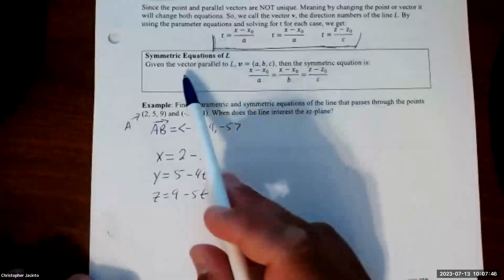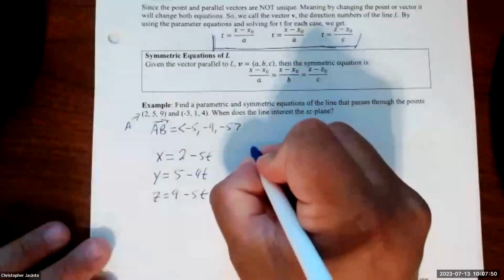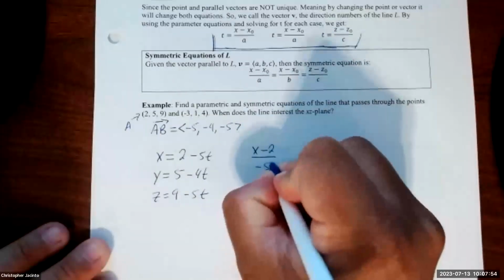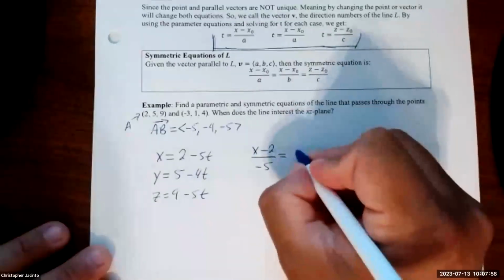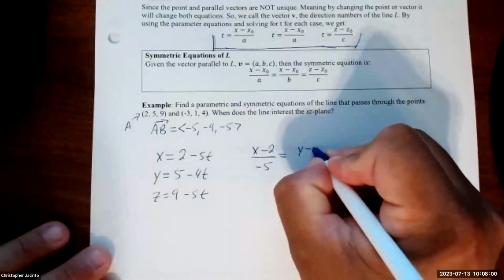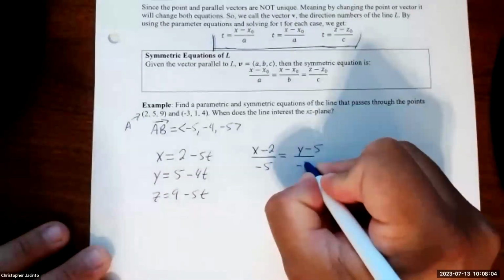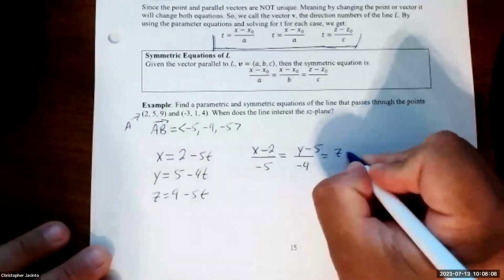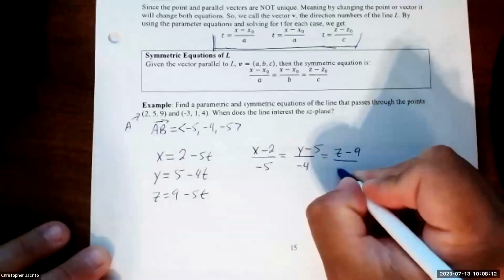And now using our symmetric equations, this is going to be x minus 2 over -5 is equal to y minus 5 over -4, and this is equal to z minus 9 over -5.